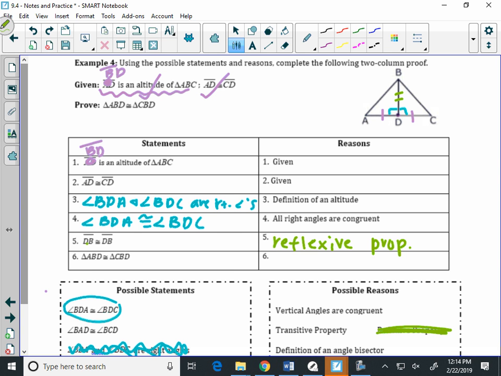So whenever they're sharing a side, or the side's going down in between, that shared side is always congruent to itself. Every time. Shared side triangles, if you want to make a note again, shared side triangles always means reflexive property. Every time. That shared side is congruent to itself.